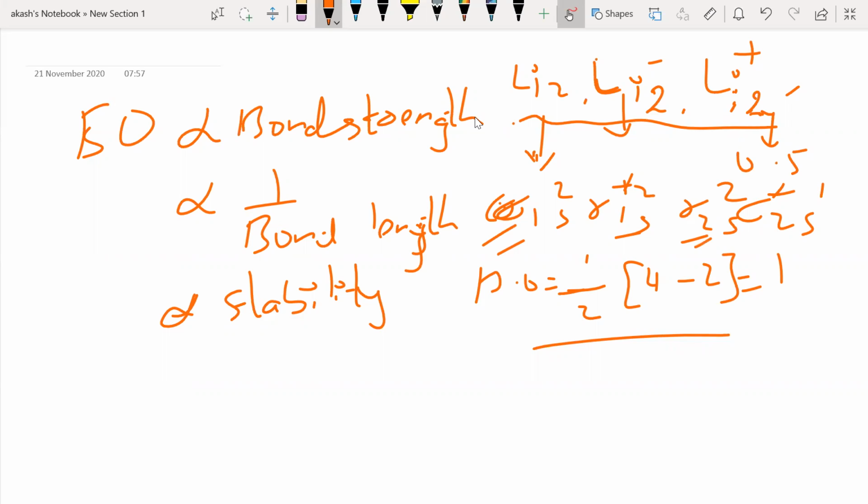So you'll see that this is having 0.5 and Li2 is having 1. We'll come back to Li2 minus and Li2 plus later, but definitely what I can say for sure is Li2 has maximum stability. Now if you look at this, both of them have the same bond order.